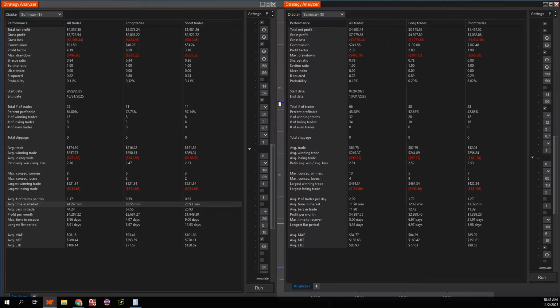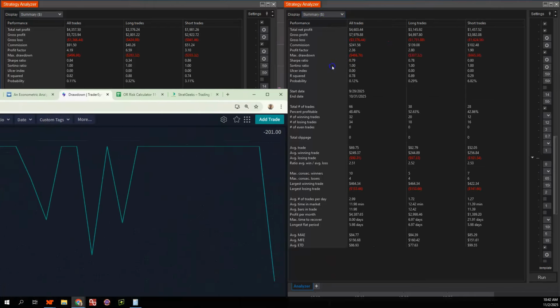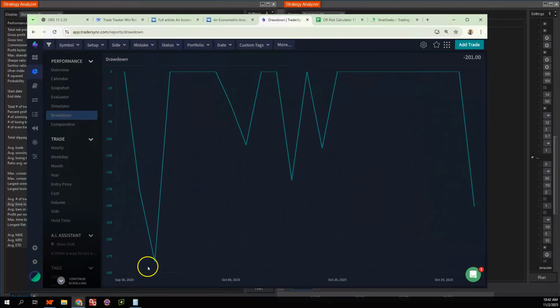But when you put the days together in the proper order, it's actually only like 300. Maximum drawdown was on October 2nd for $283. This is insanely good.